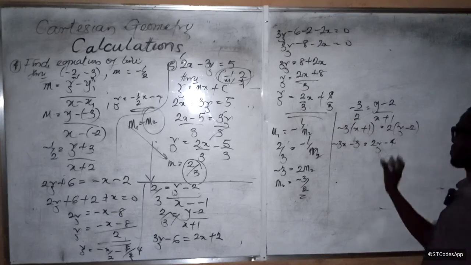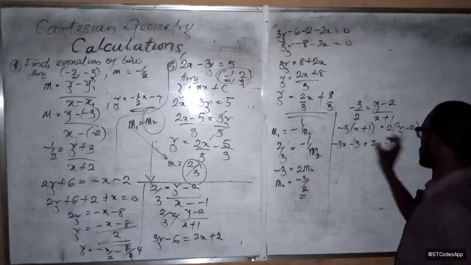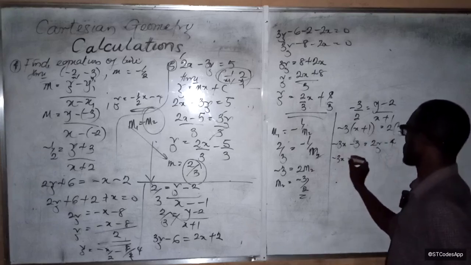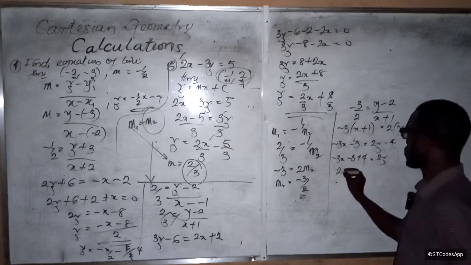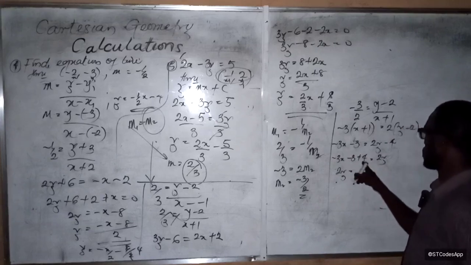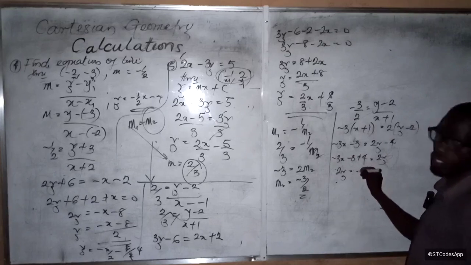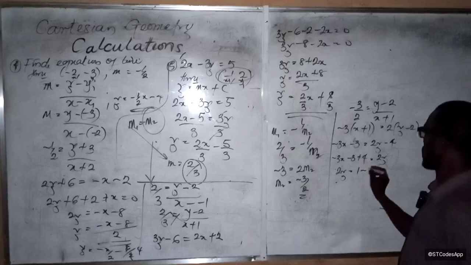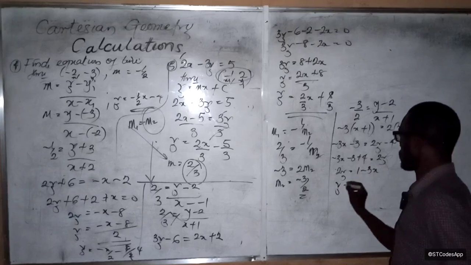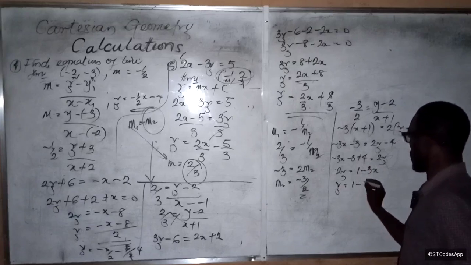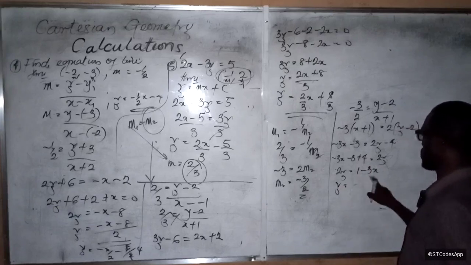So what do we have here? Collect like terms. Let this guy come in. So we have minus 3x minus 3 plus 4 is equal to 2y. So that 2y will be equal to, 4 minus 3 is 1, so 1 minus 3x here. So that we have y will be equal to what? We should write the mx first, right?